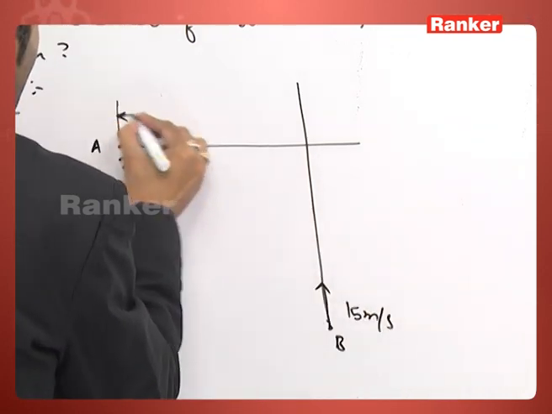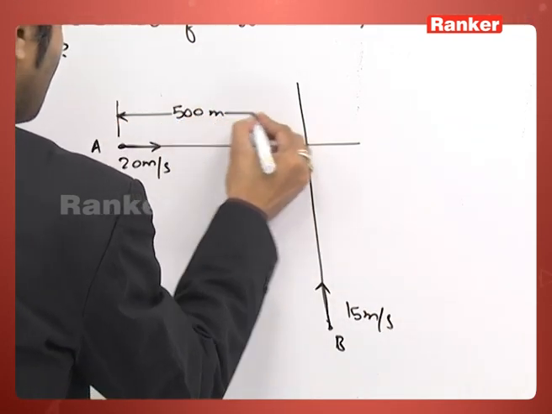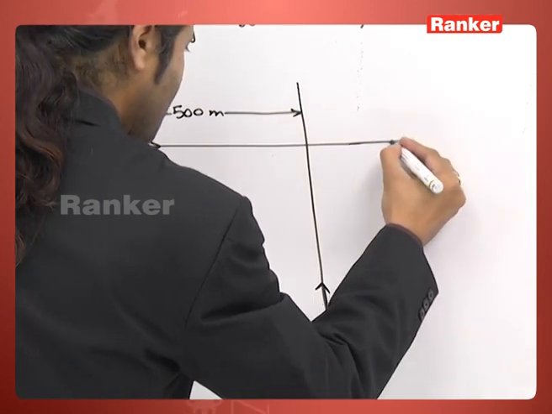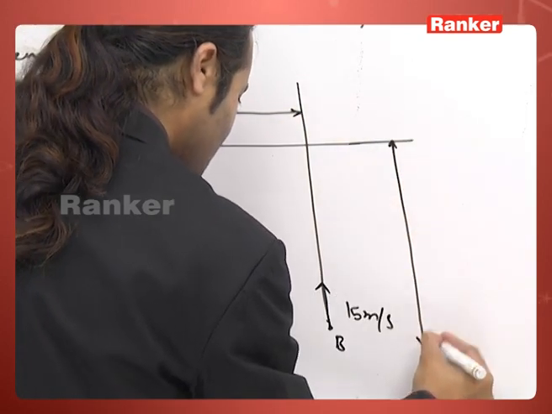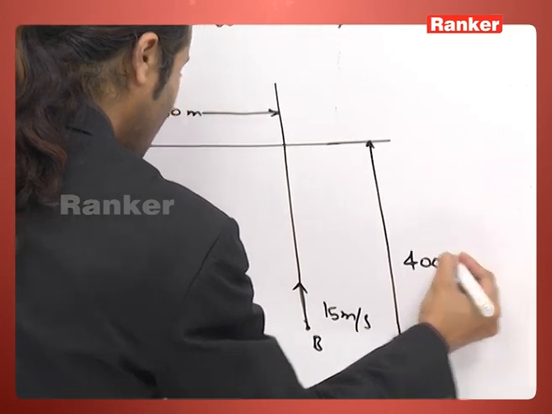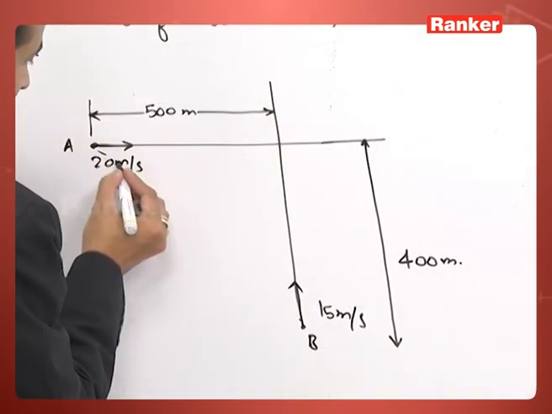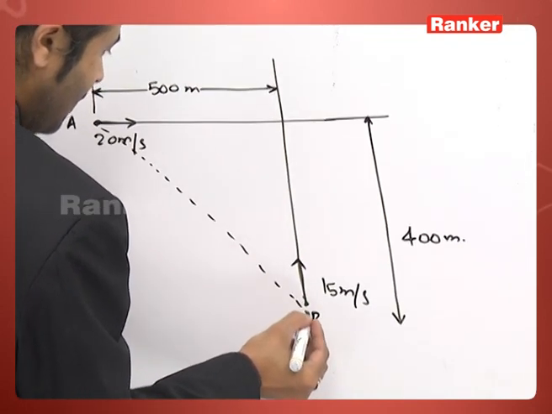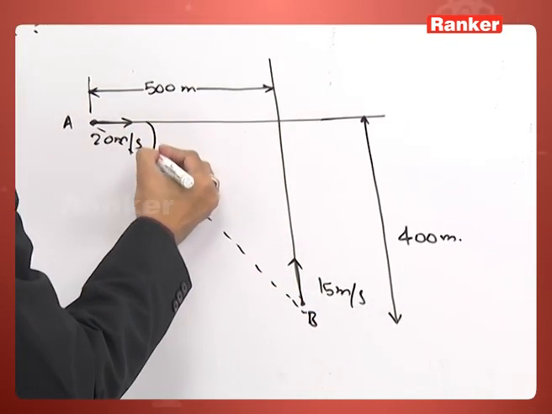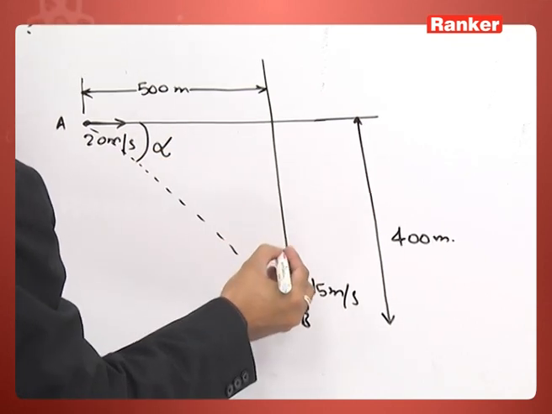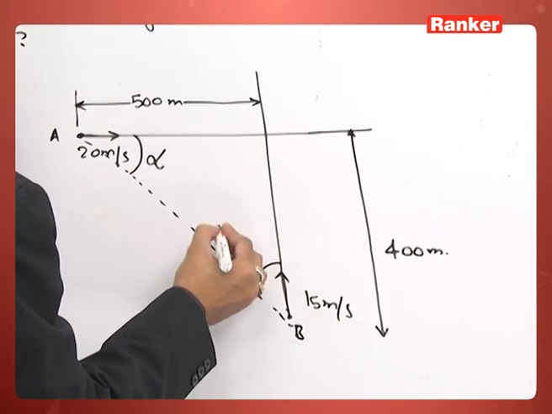This is 500 meter. This is 400 meter. So if I join this line, let this angle be alpha. This will be 90 minus alpha.